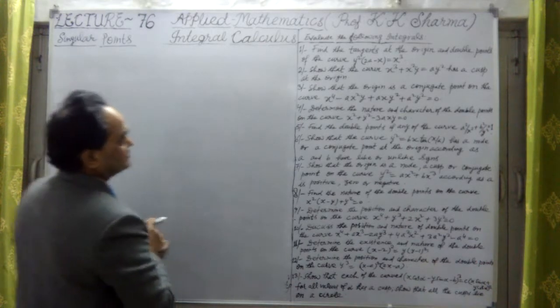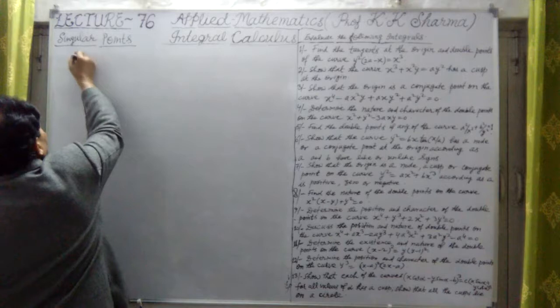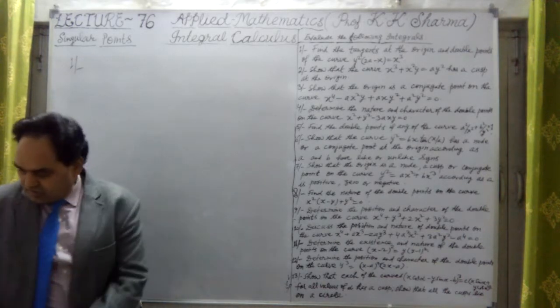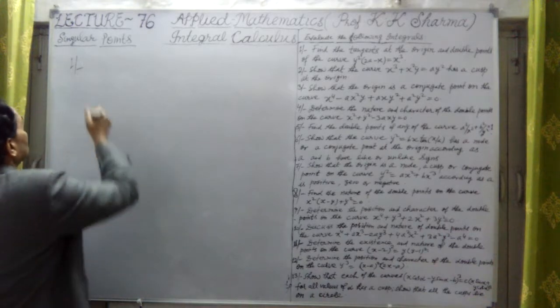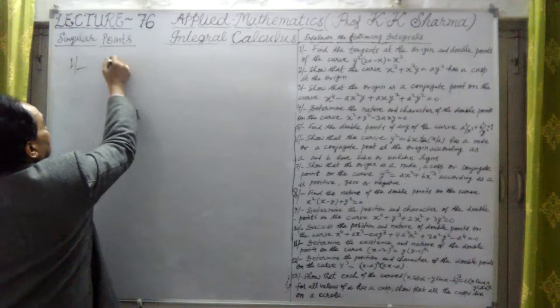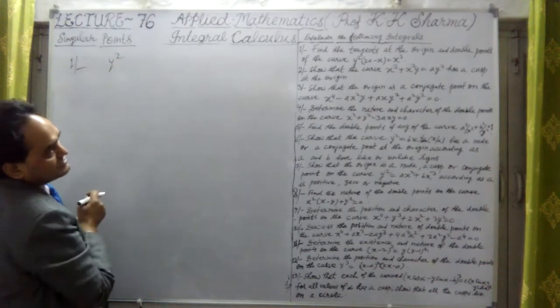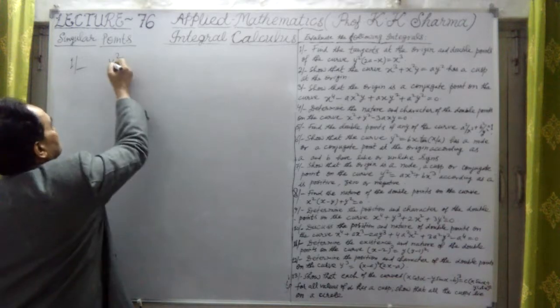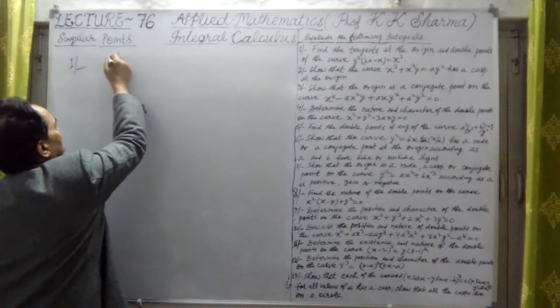So let me find out the tangents here. Question number 1. It says find the tangents at the origin and double points of the curve. So how to find out tangents upon the origin?